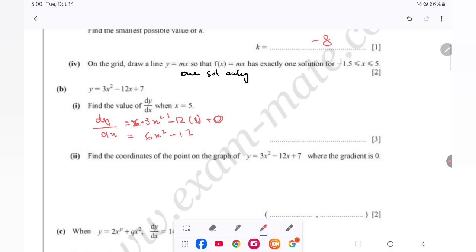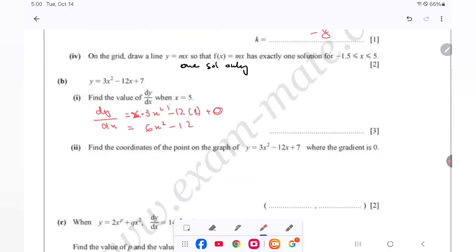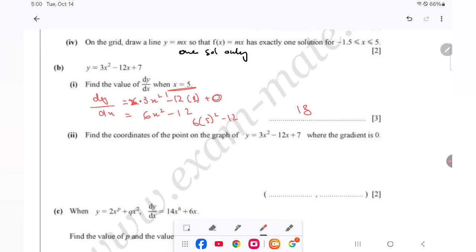This is our derivative: 6x minus 12, and the x value given is 5, so 6 into 5 minus 12. If we solve it further, it will give you the value of 18, which is our answer.